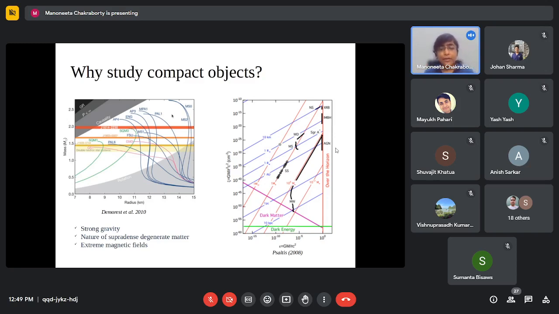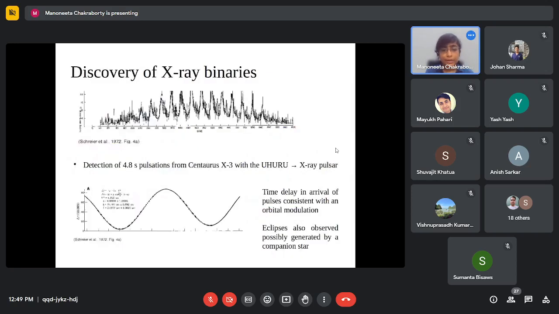And lastly, as I said, neutron stars can show very extreme magnetic fields, so you can also study how physics works under ultra-strong magnetic field conditions. These are the main highlights of why compact objects are very cool objects to study.